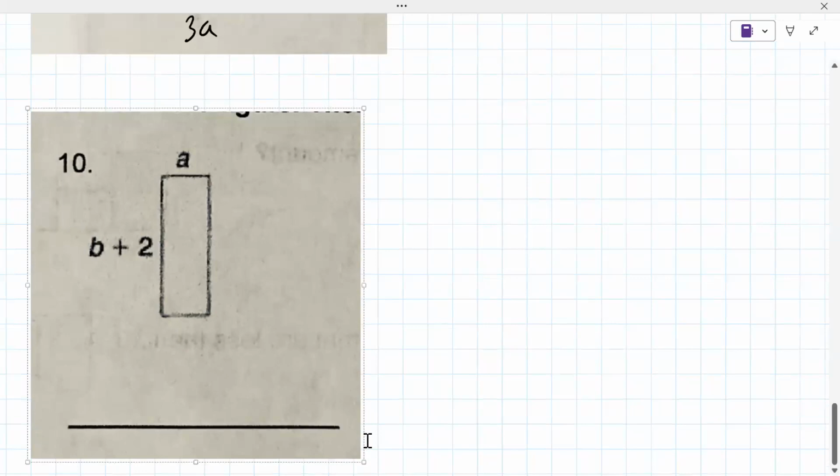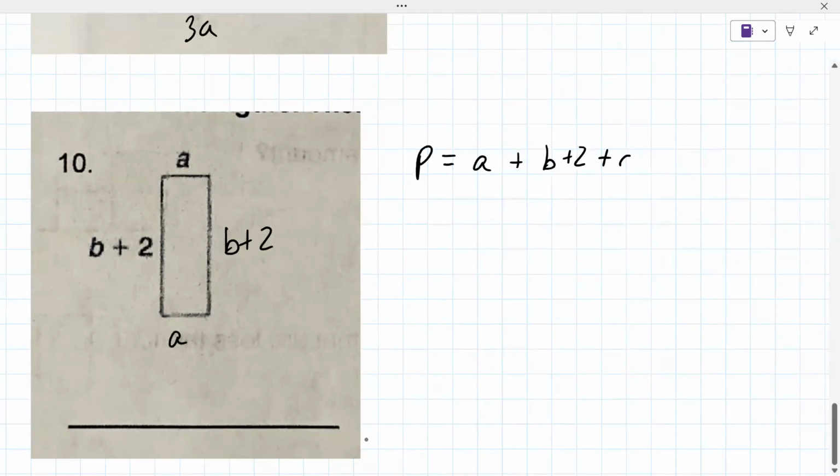Really important that you label them. Don't make that mistake, because this is a plus b plus 2 plus a plus b plus 2. For now, I recommend you put 1 in front of all the variables that don't have a number in front of them. That way it's clear that it's a 1. And just like you were doing earlier, you're going to combine like terms.